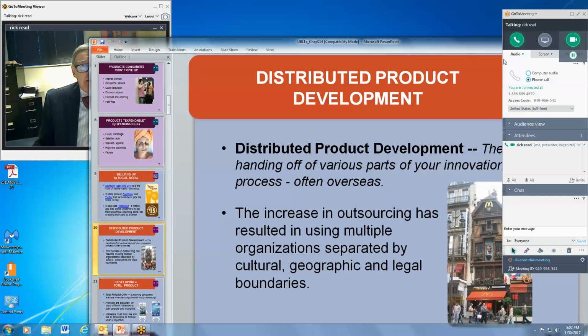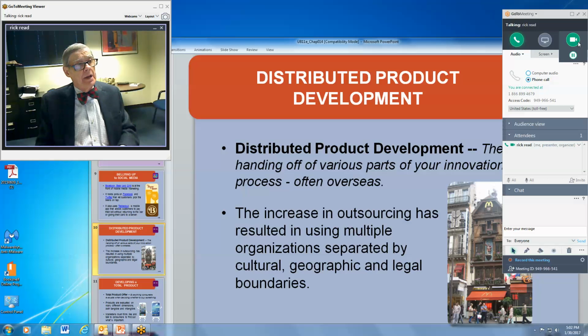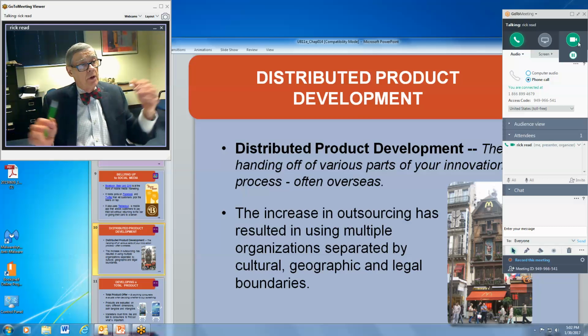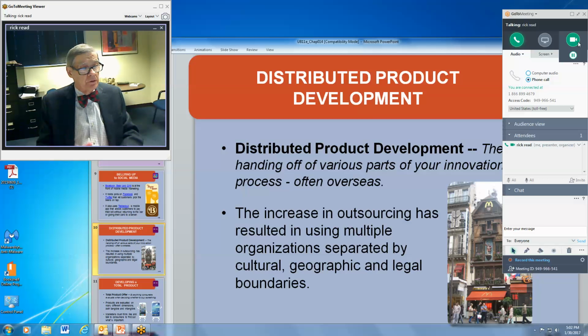Now, this is a term called distributed product development. Notice what it says here. You're handing off some of your innovation to other organizations, and some of it would be outside the United States. Here we have a picture of a McDonald's in Germany.